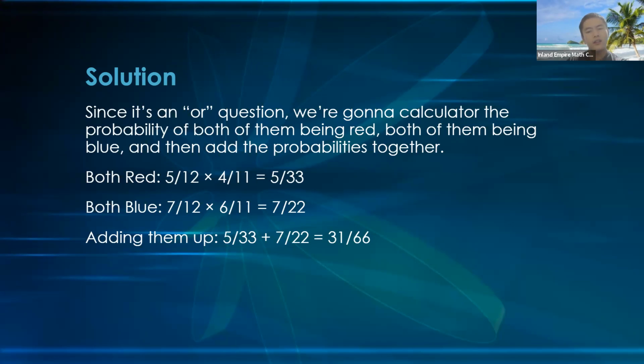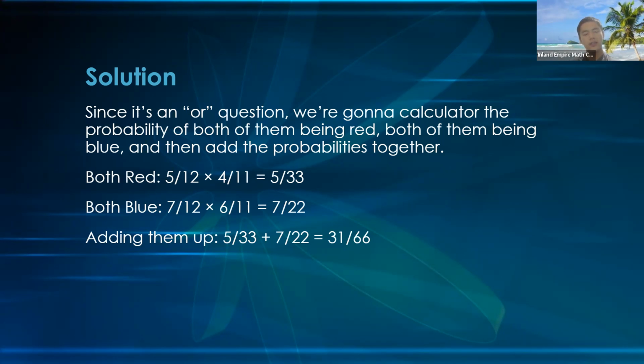And now that we calculated the probability of them being both red, we also have to calculate the probability of them being both blue, right? Because it says, what is the probability of them being the same color, not just both of them being red or both of them being blue? So we have to account for both of the cases.